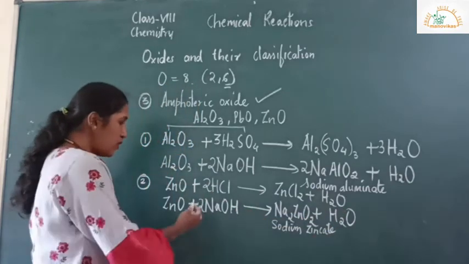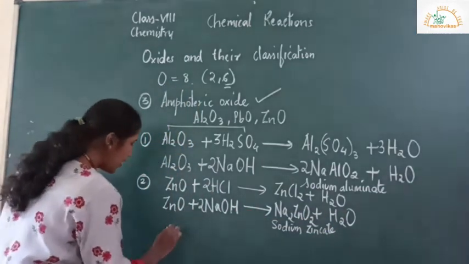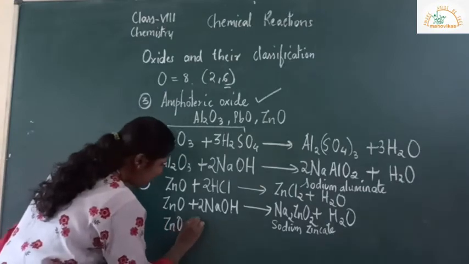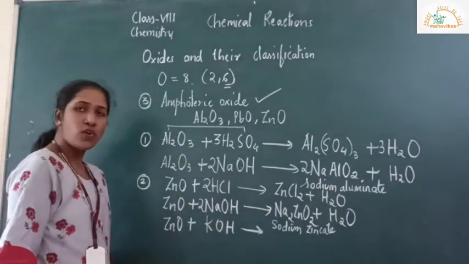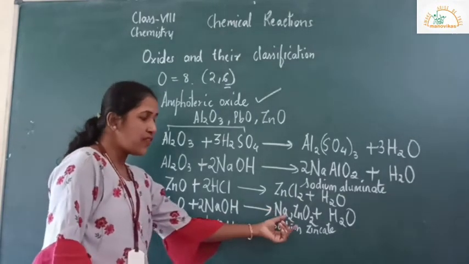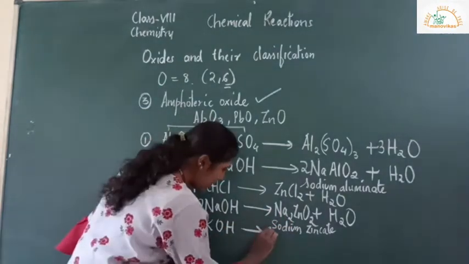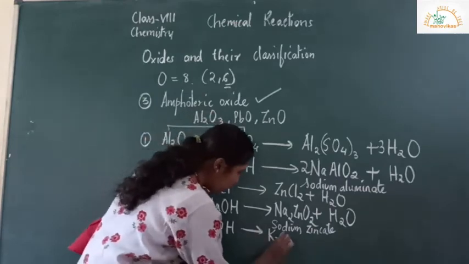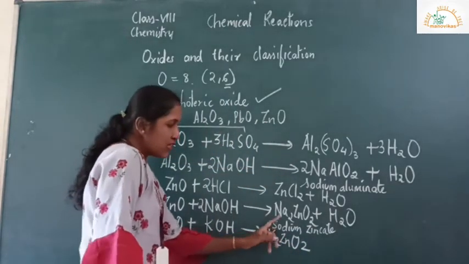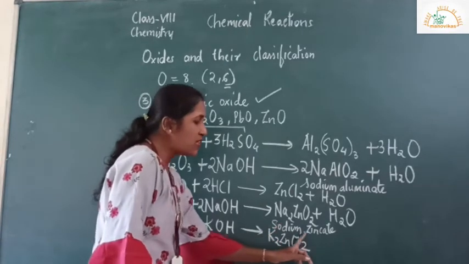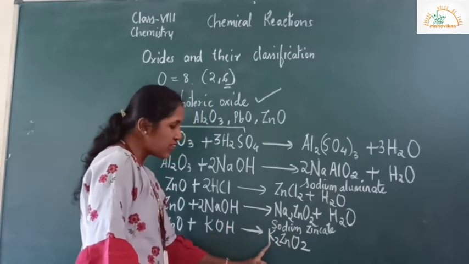So same way, suppose for this zinc oxide, if I use KOH, then what kind of salt will I get? Instead of Na2, I will only replace it by K2, that is K2ZnO2. So what will be the name? The initial one I have written is sodium zincate. So what will be the name for this?